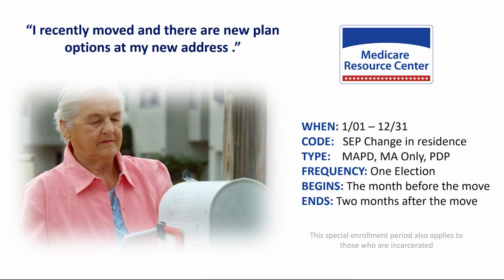So they went and told Social Security, they logged into their account, they said they had moved, and they put in the date as of the date that they reported it, and now they had an additional 2 months to enroll in a new plan. So SEP, change in residence, is one that you can really use. Or, if you're working with somebody, you're trying to figure out a special enrollment period, ask them if they've had a change in residence anytime recently.